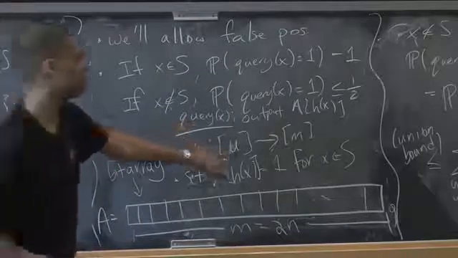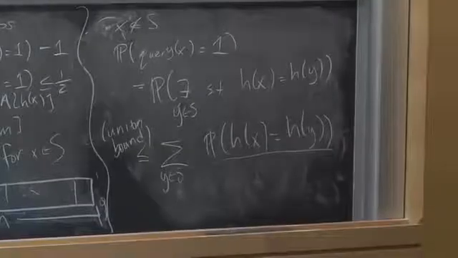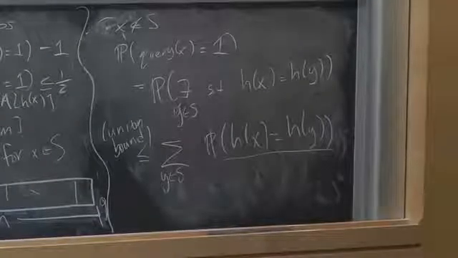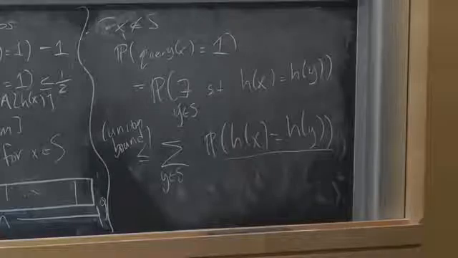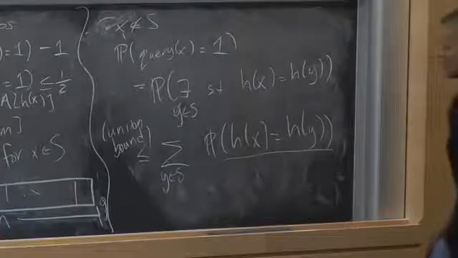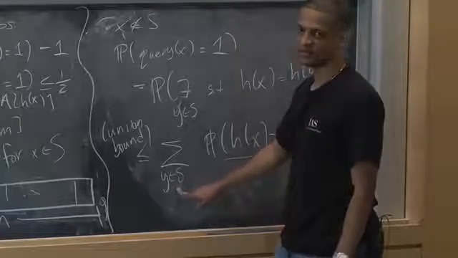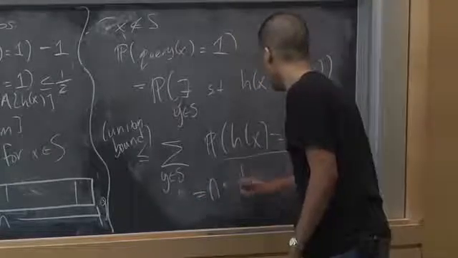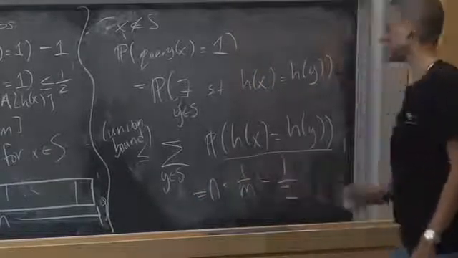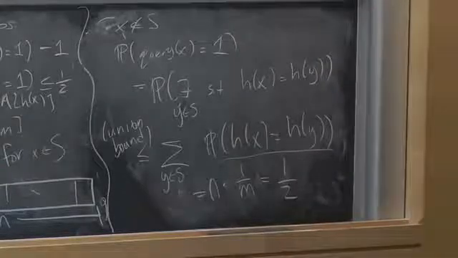But okay, so now what's this probability? One over m, yes. And there are n different choices of y, so this is n times 1 over m, which is a half. Okay, great.